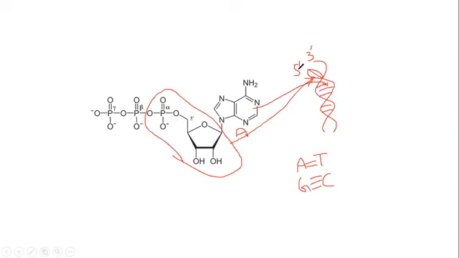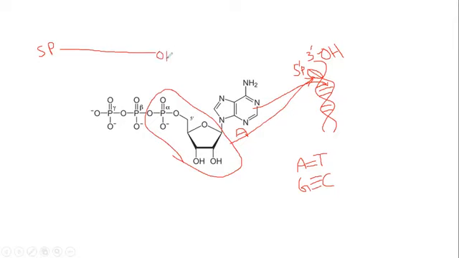The 5 prime end will always have the phosphate group, and the 3 prime end will have the hydroxyl group. So if it is a single strand of DNA, this will be the 5 prime phosphate group and the 3 prime hydroxyl group.